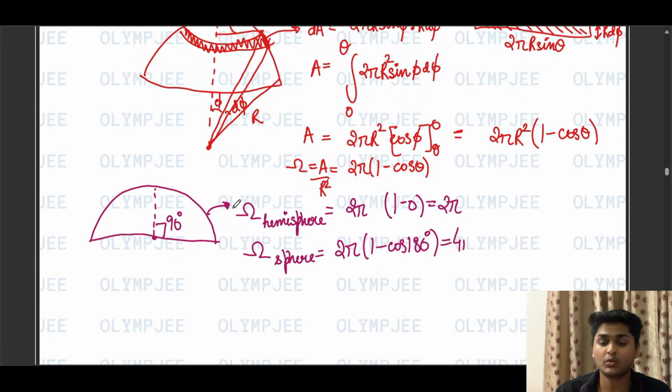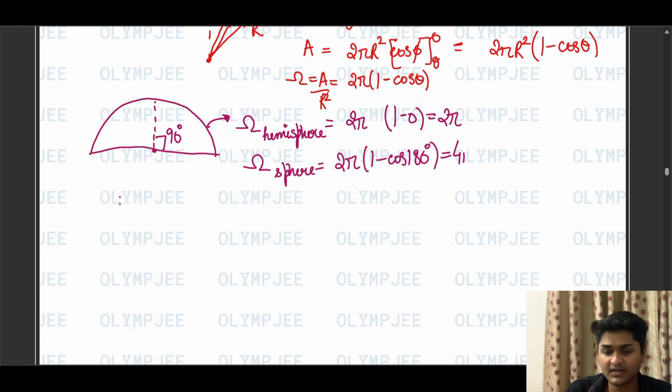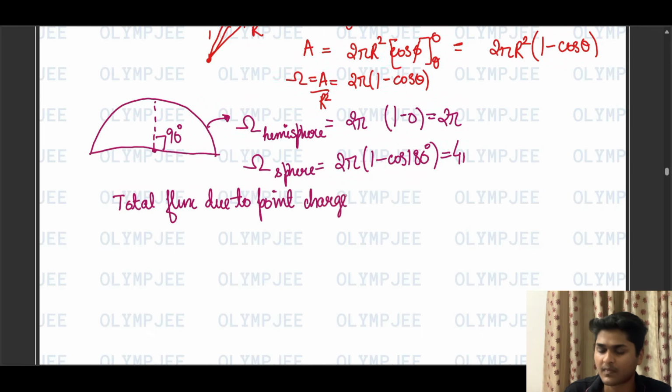So we know that the total flux through a sphere, total flux due to a point charge, is given as q by epsilon naught, and this covers the entire sphere.